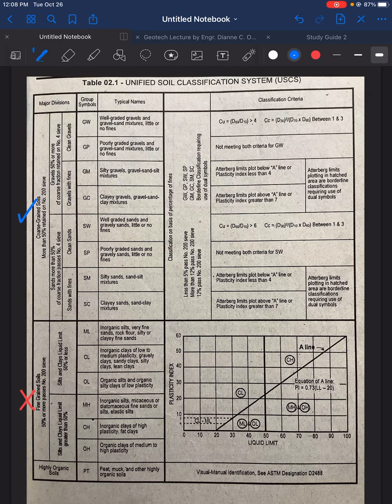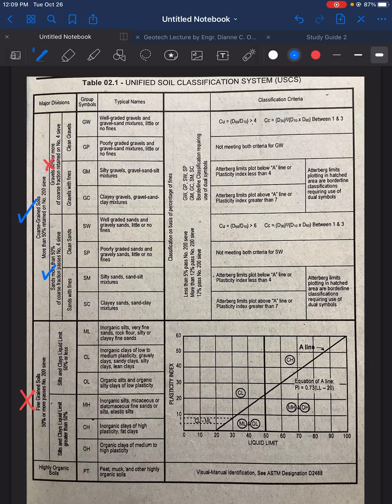It says there, more than 50% of coarse fraction passes number 4 sieve. So 90% is greater than 50%. So therefore, we will concentrate on this portion and not here. Okay?